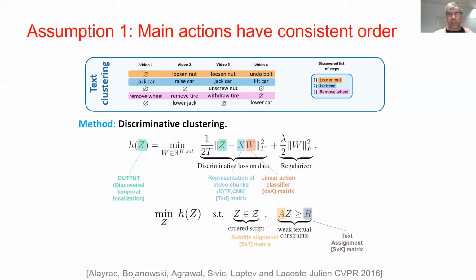The text can vary a lot. As you've seen already in the motivating slides, the visual appearance of actions can be very different. So here the problem was formulated as discriminative clustering.